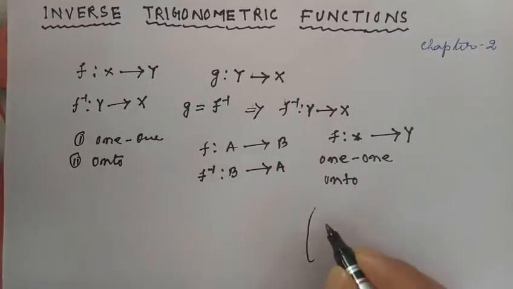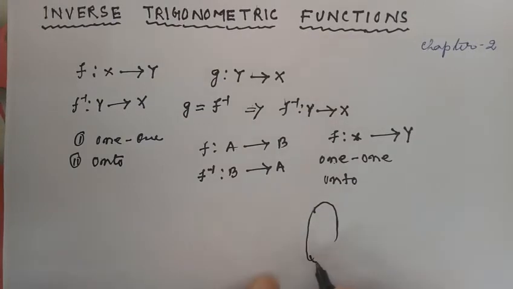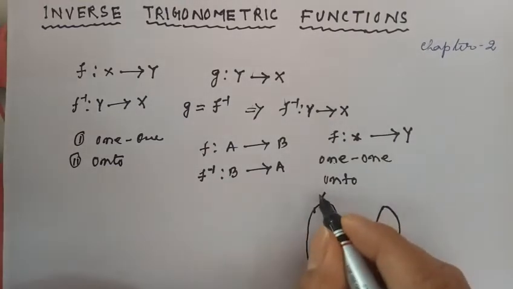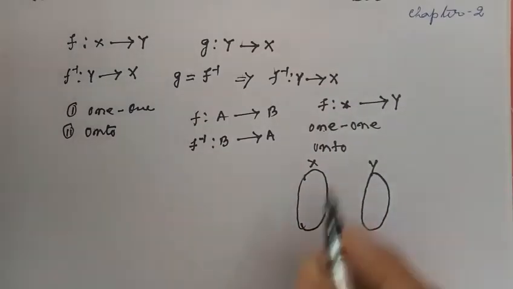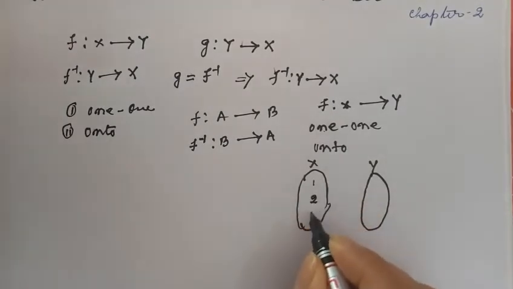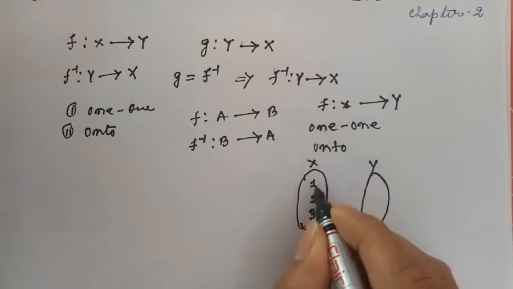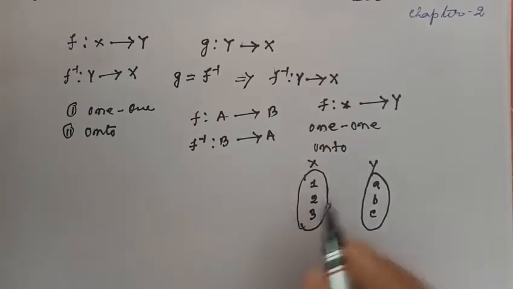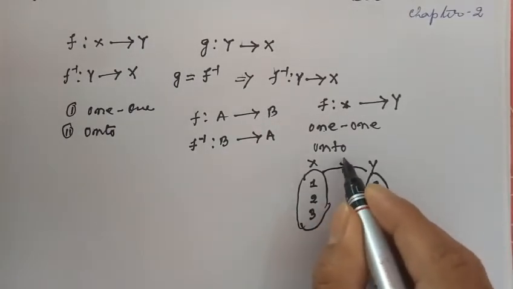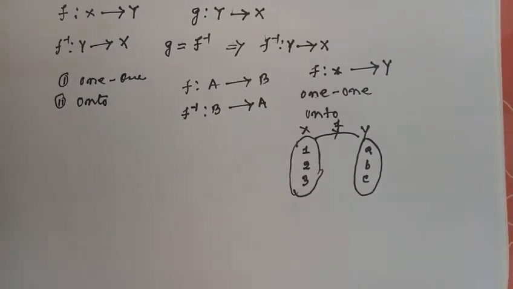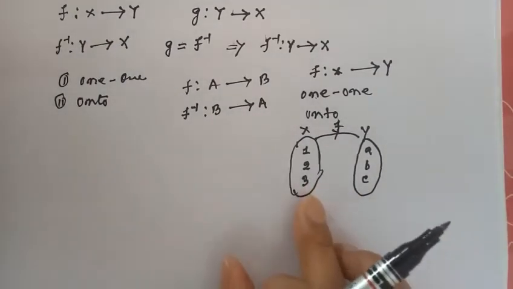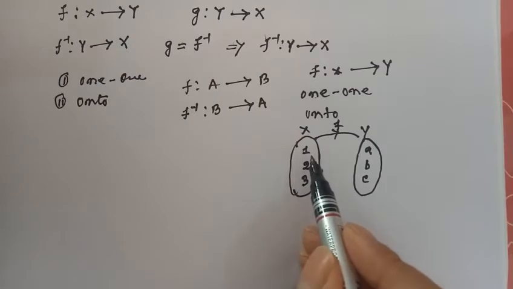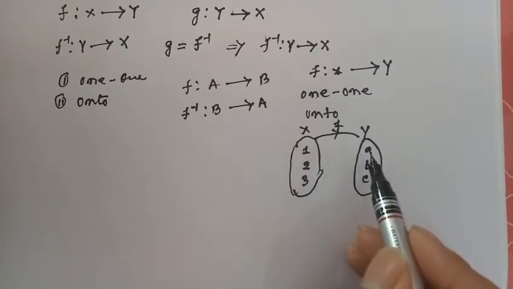So let's see it in a pictorial diagram. I take two sets, x and y. Let 1, 2, 3 be the elements of x and a, b, c the elements of y. This is the function. One-one means all the elements of these sets have distinct images in y.